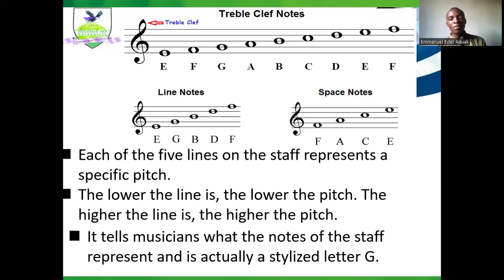Every Good Boy Deserves Favor. Then looking at the spaces, we have FACE. Space 1 is F, space 2 is A, space 3 is C, space 4 is E.